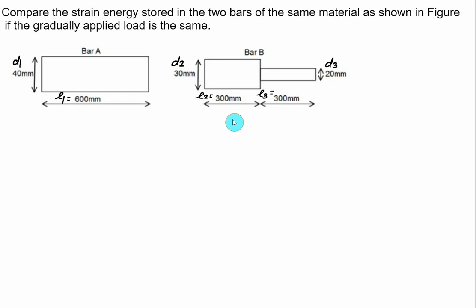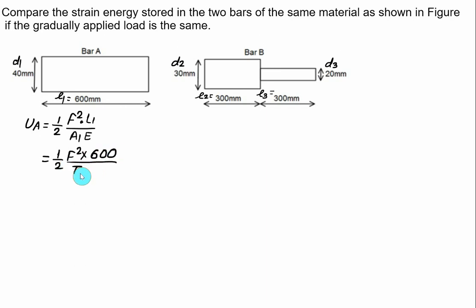Calculate the strain energy in the form of the force, because he says that the gradually applied load is same in both cases. So for the bar A here, we have strain energy UA equal to 1 by 2 multiplied by F square multiplied by L1 divided by A1 into Young modulus E. We have a circular cross section this time. So we have 1 by 2 into F square, length is equal to 600 divided by pi by 4.